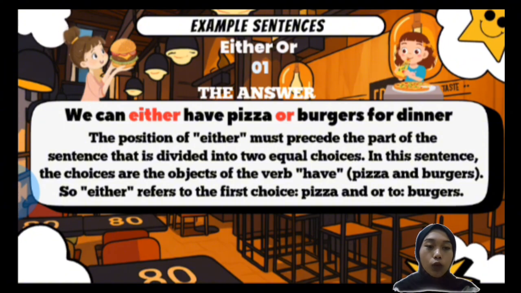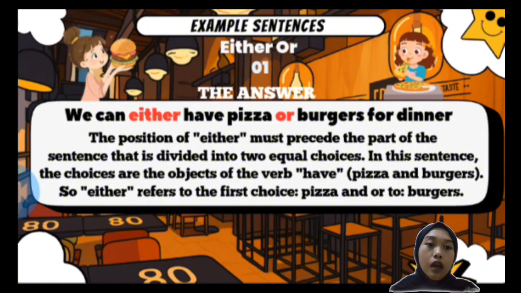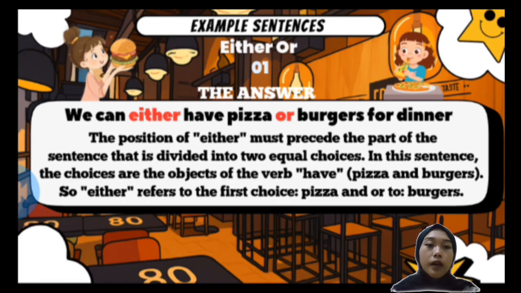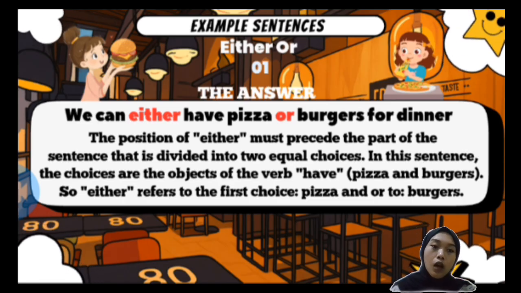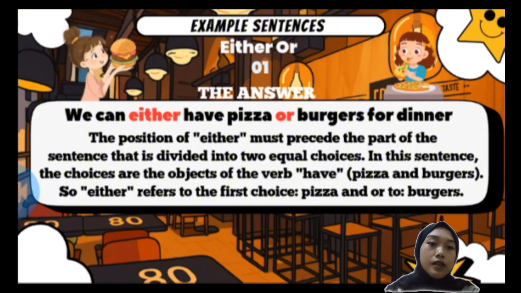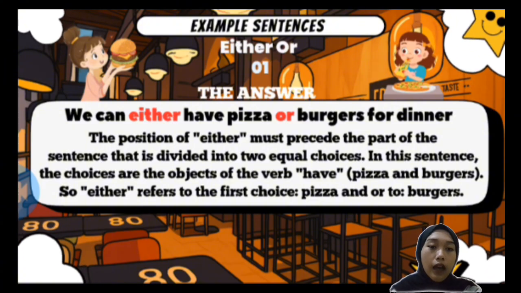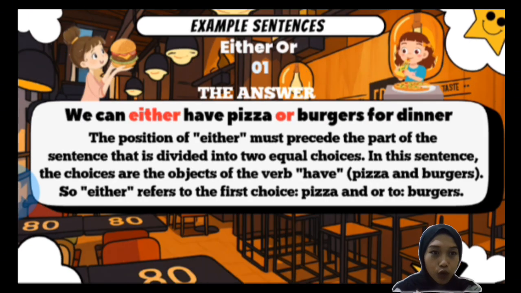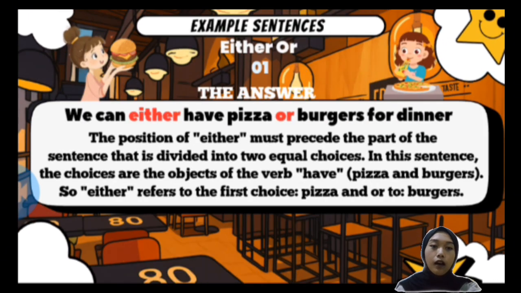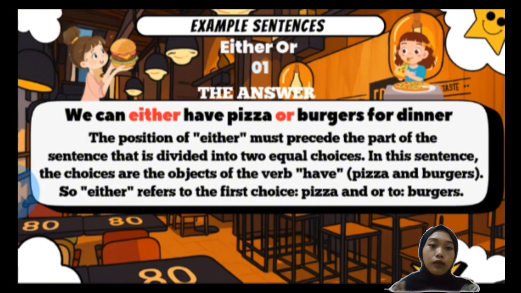Either should be placed directly before the element being compared, such as we can either have pizza or have burger for dinner. The either/or structure is used to show two choices.